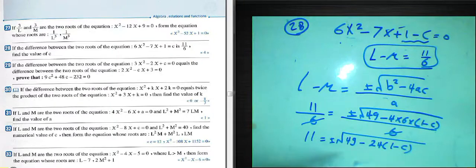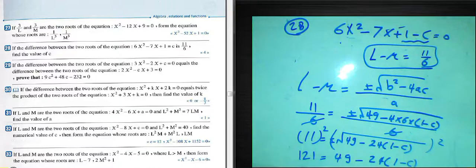We can power 2 here and this 2 power here to cancel the root. So 11 squared equals 121, and 121 equals 49 subtract 24 multiply 1 multiply c.